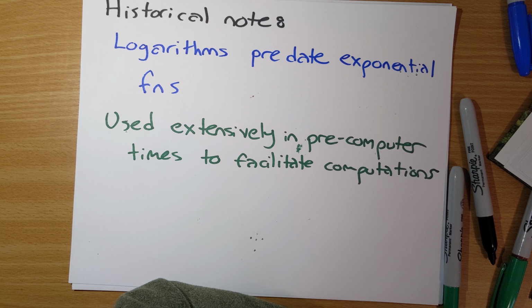And so many scientific discoveries starting in the early 1600s and going on for hundreds of years were facilitated by people doing hand calculations with tables of logarithms. There used to be books that would just have pages and pages of logarithms written out to lots of decimal places to facilitate computations.